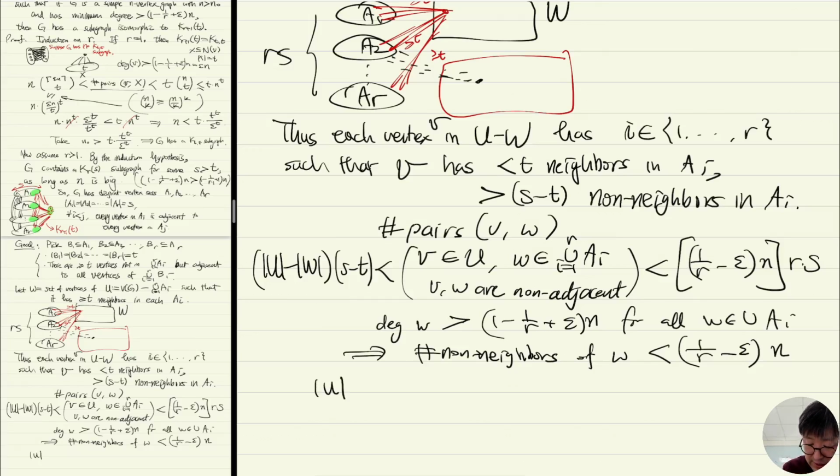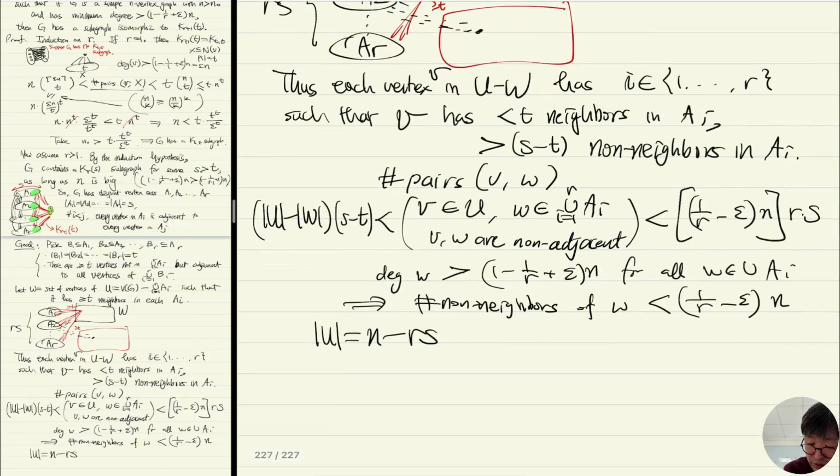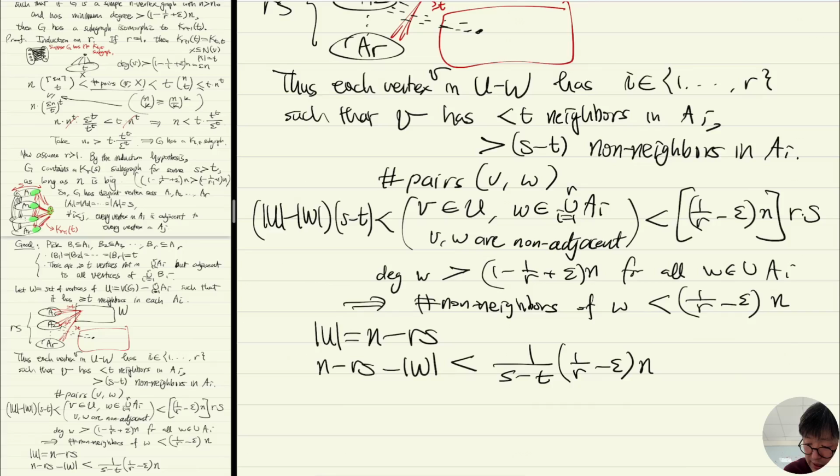All right, so now we have some equations. Now let me see what we get. So note that the size of U is n minus RS. So (n minus RS minus |W|) times (S minus T) is less than (1/R minus epsilon) n RS, right? Yes.